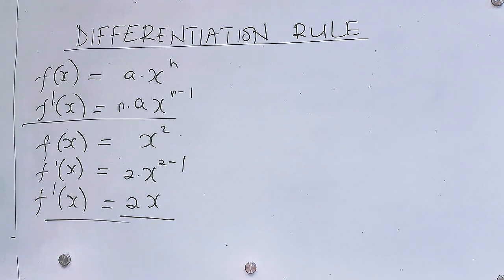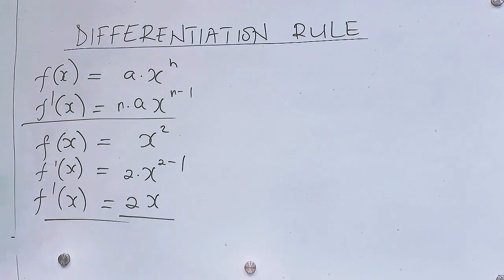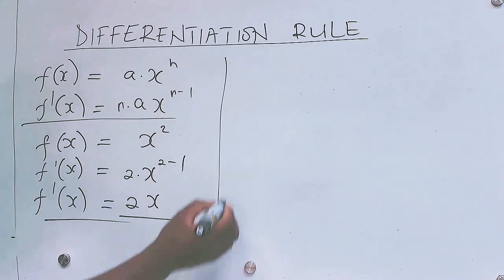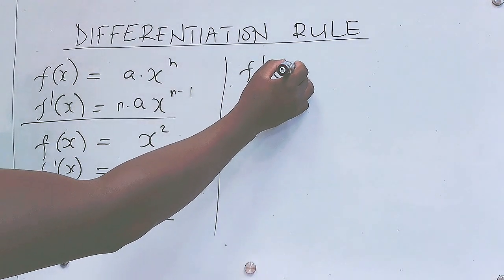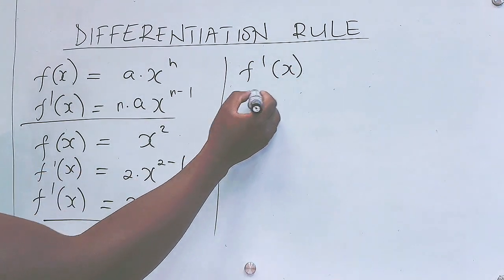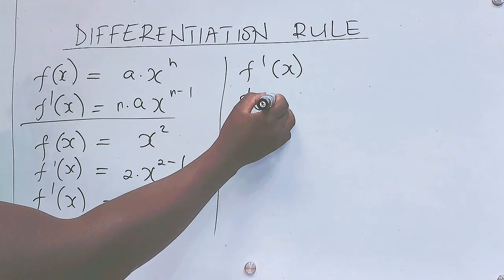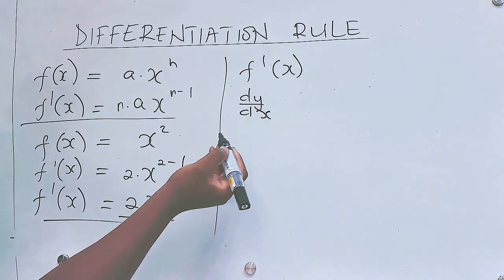We have many ways of representing the first derivative. It depends whether you are given the question in function form or in graphical form. The first derivative in function form is f prime of x. But in graphical form, you find dy over dx.